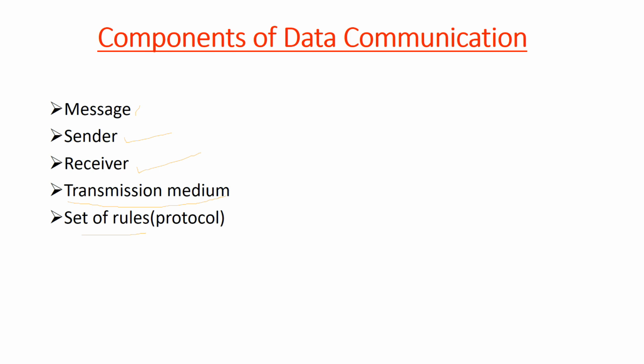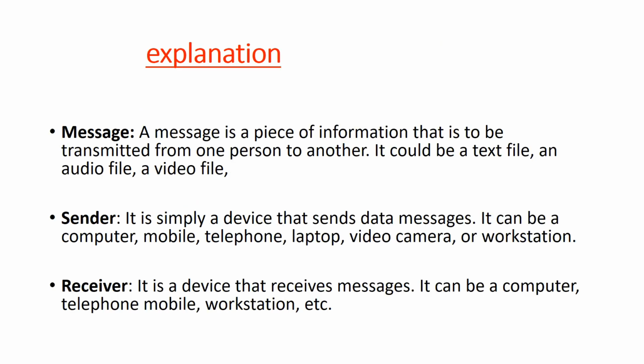Whenever you see the word protocol, what comes into your mind should be rules, a set of rules. We shall now explain each component at a time so that we get to understand the process of data communication in detail. And the first component we had was the message.